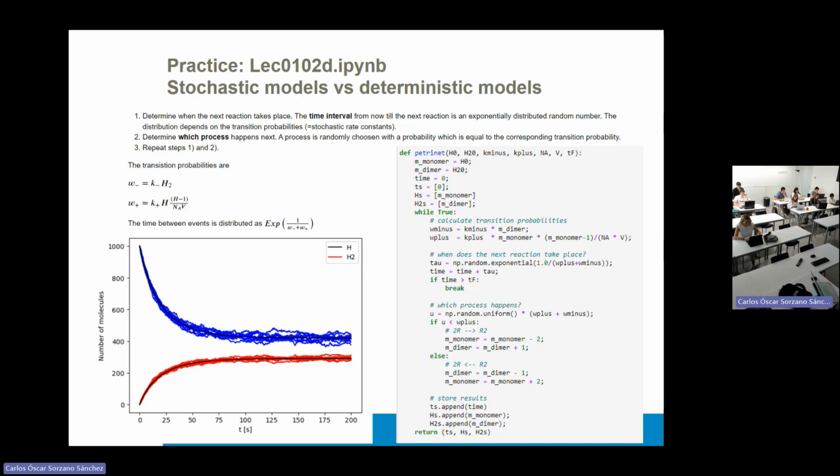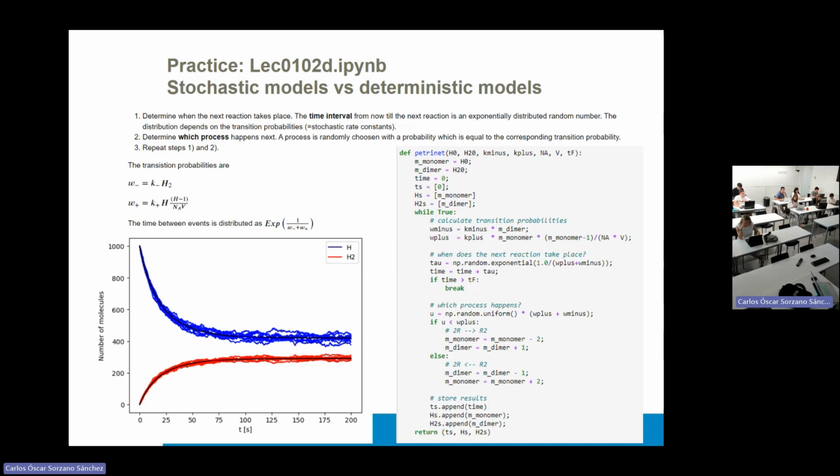So what is the state over time? So at time 0, all the atoms were H, and we had zero molecules. Now we compute the transition probabilities. We calculate that, and now we have the transition probabilities.